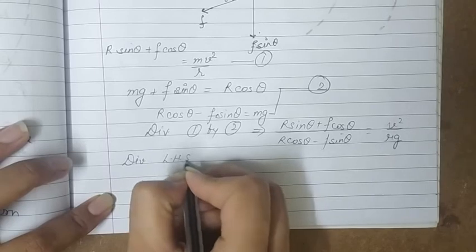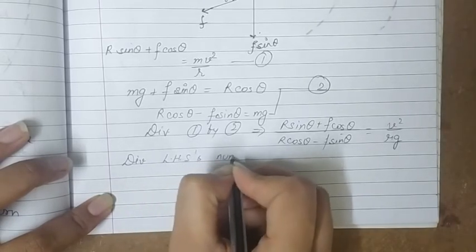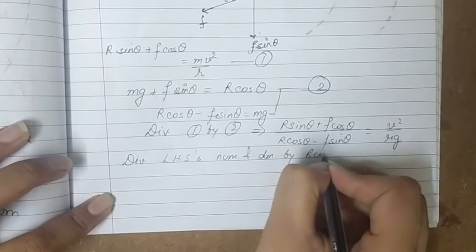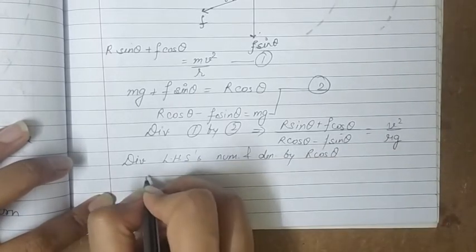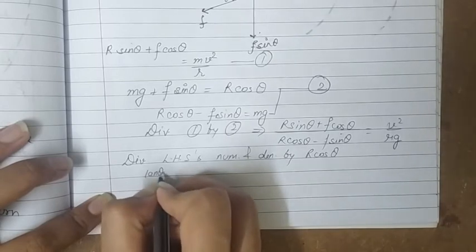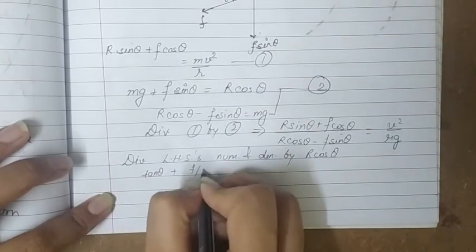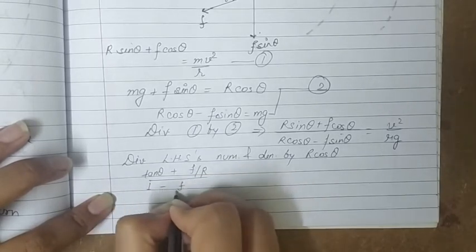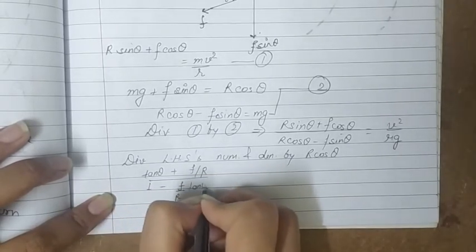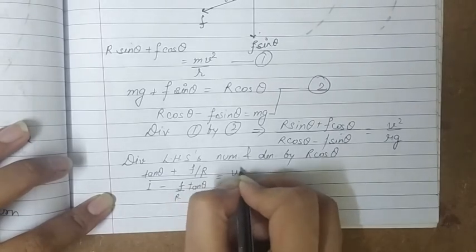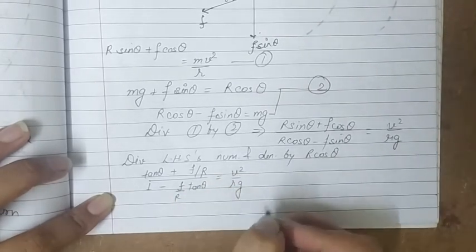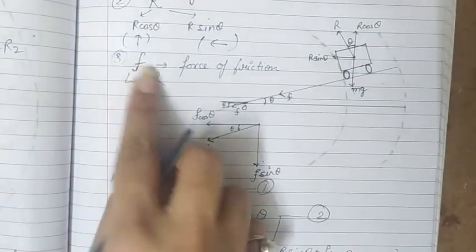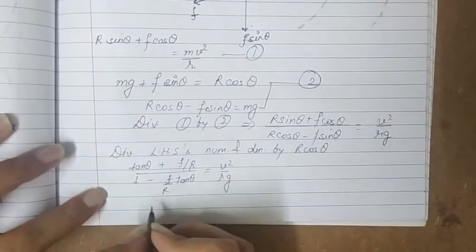Then we get tan theta plus F upon R upon 1 minus F upon R tan theta is equal to v square upon rg. Now we know that F is equal to mu R, so F upon R is mu, that is the coefficient of friction.